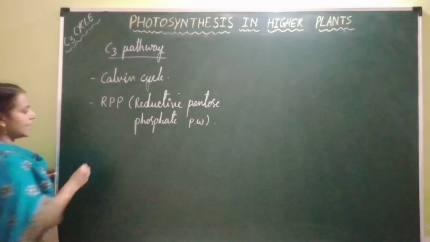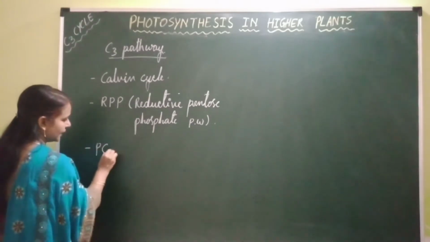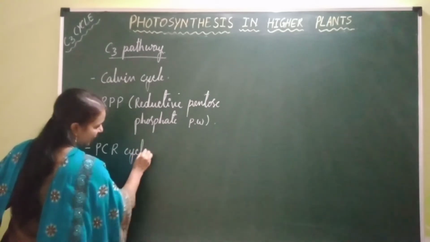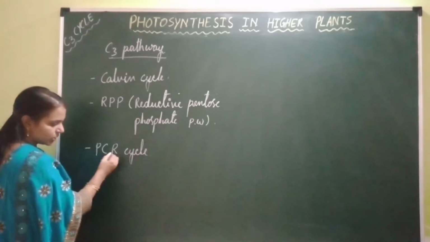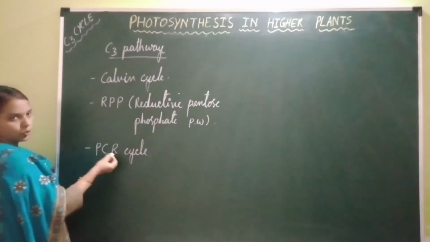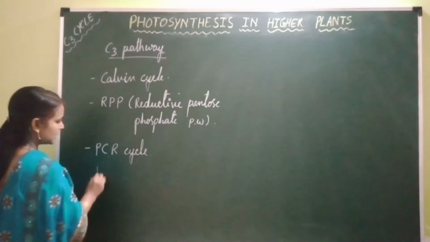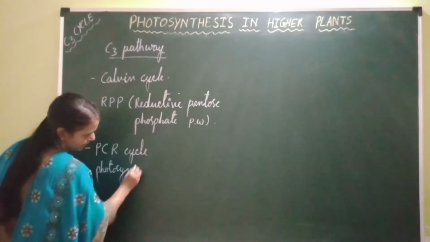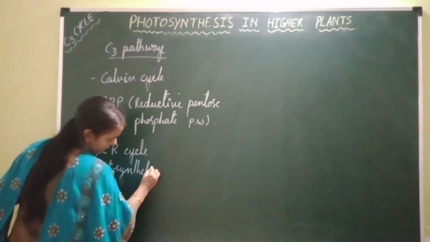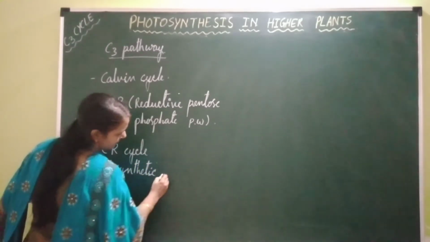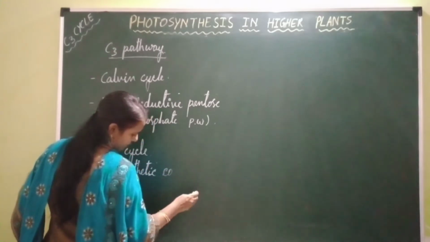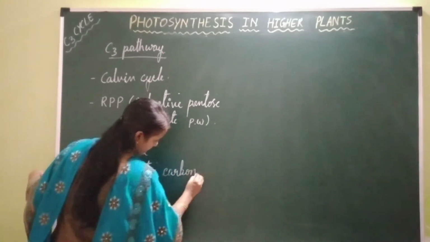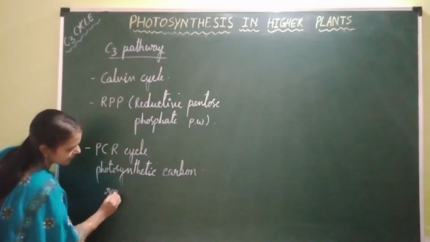It is also called the PCR cycle, that is the photosynthetic carbon reduction cycle, where carbon dioxide is reduced into carbohydrate through the process of photosynthesis. So, photosynthetic carbon reduction cycle.